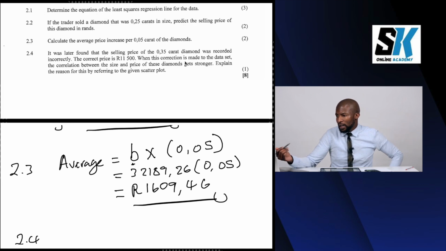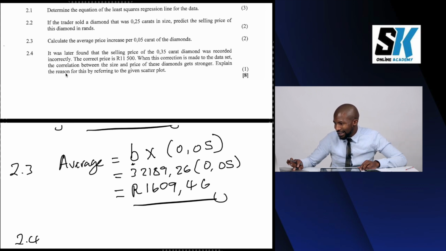It says there that it was later found that the selling price of the 0.35 carat diamond was recorded incorrectly, and the correct price is 11,500. When this correction is made to the data set, the correlation between the size and the price of these diamonds gets stronger. Explain the reason for this by referring to the given scatter plot.